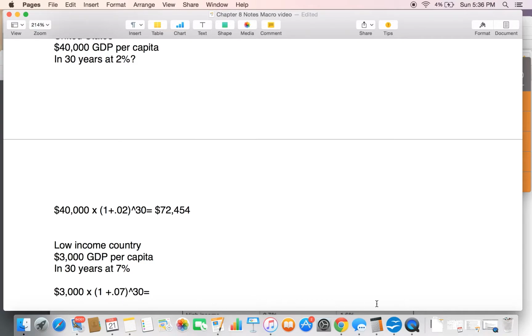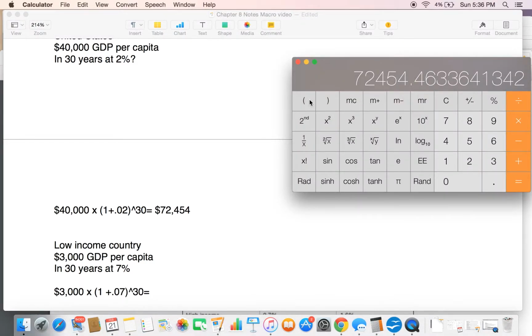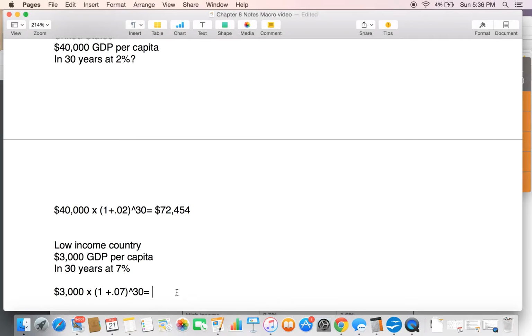And so we want to insert 7% for their growth rate. $22,836.